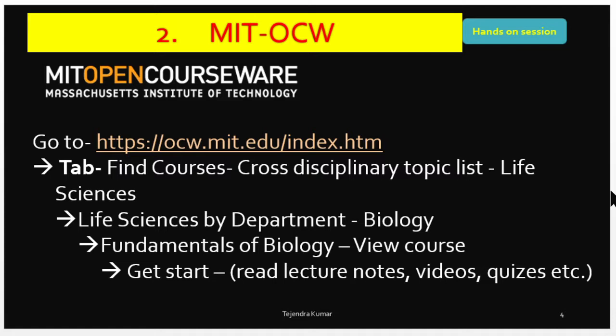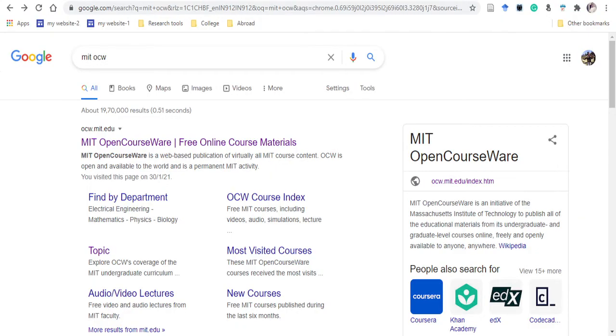You can search, as I told you, according to your need. Okay, so have a look at how we can find some course. Okay, so let's have a hands-on session. I searched on Google, and then I found this result.